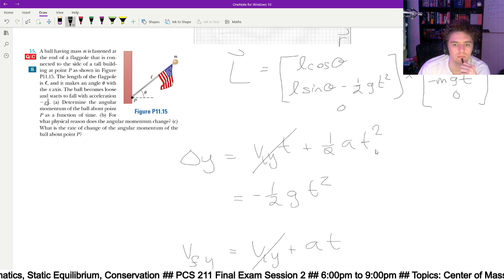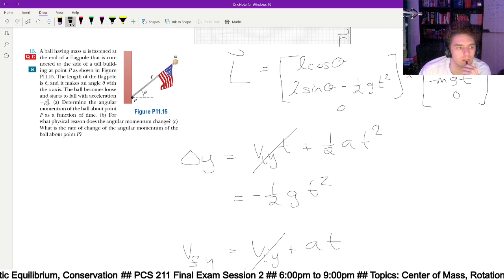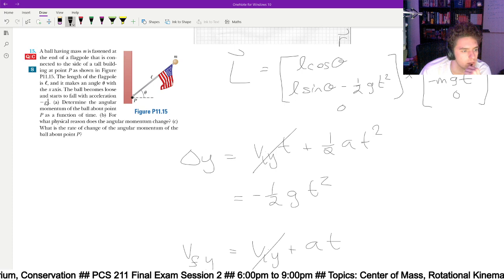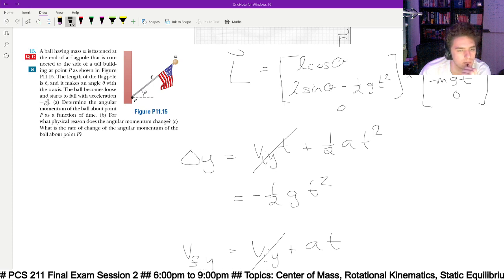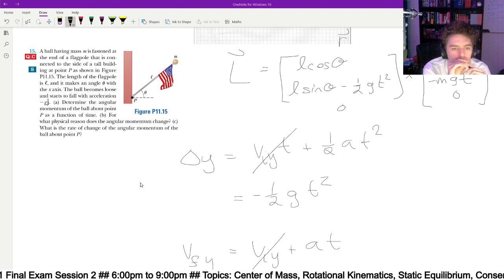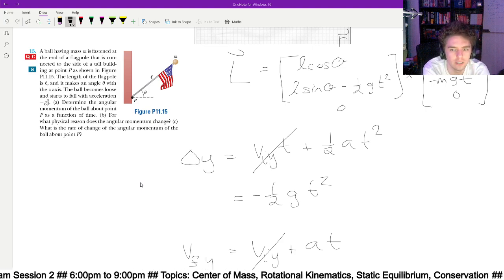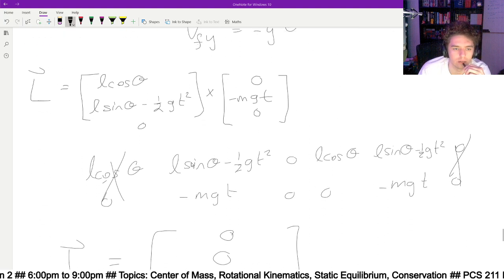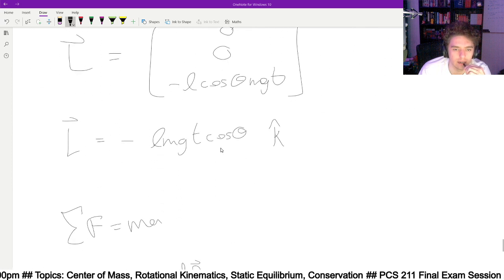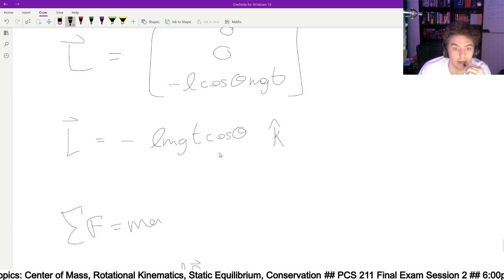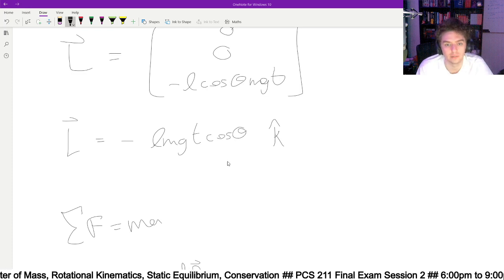Oh, wait, one sec. Would it simply be the derivative? I guess so. I have a function, so I just take the derivative of that with respect to t.